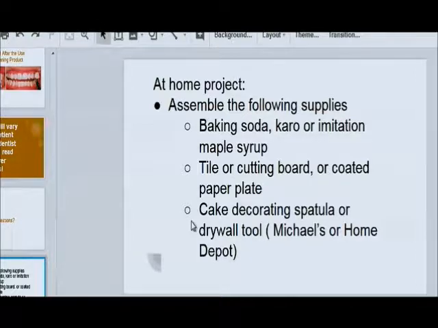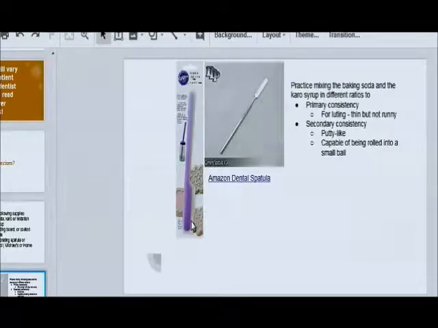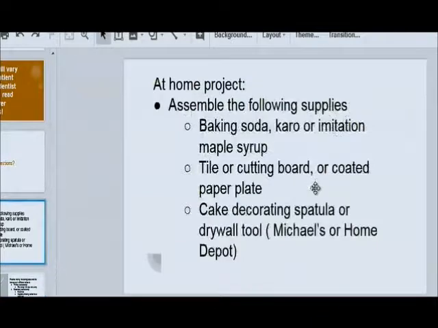You can use like a drywall tool from Home Depot or get a little cake decorating spatula. And it's kind of a fun way to get some experience with this. And they sell dental spatulas on Amazon too if you're really into it. So I say mix a thin one, mix a thick one, get some experience with that.